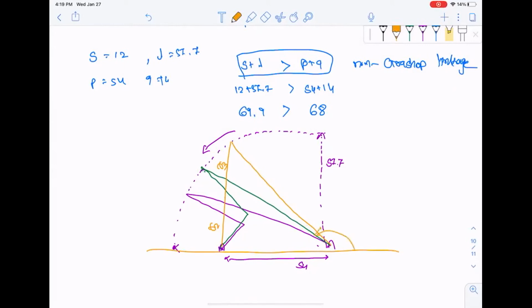So I can claim that this theta 4, no, I was right. We have to maximize this angle. So this angle theta will be maximum when my links R2 and R3 are in a line.